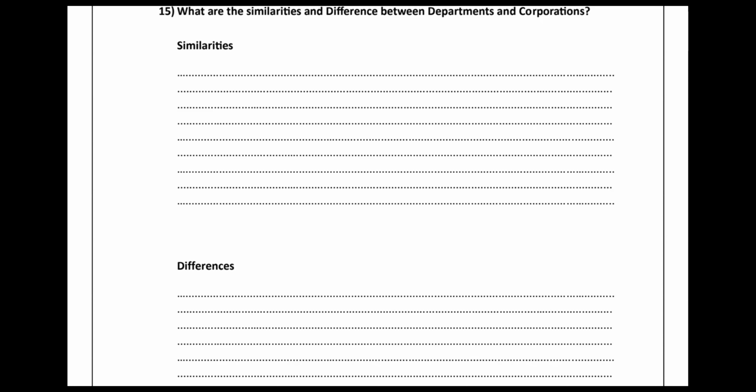And what else? The last 2 points are they are controlled by the minister and parliament, and the last one is they are dissolved by the parliament. Liability of government unlimited can come under similarities, but the examiner can think in this way, and then he can reject.